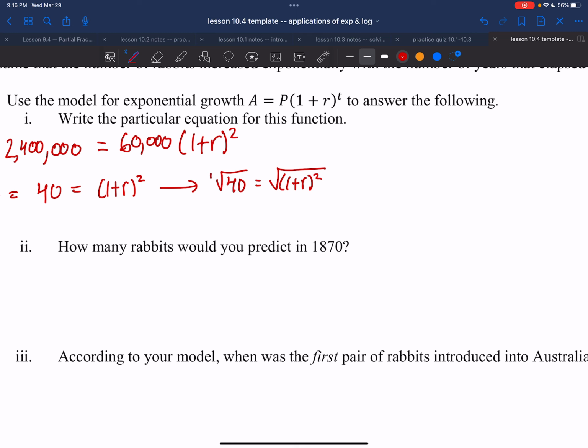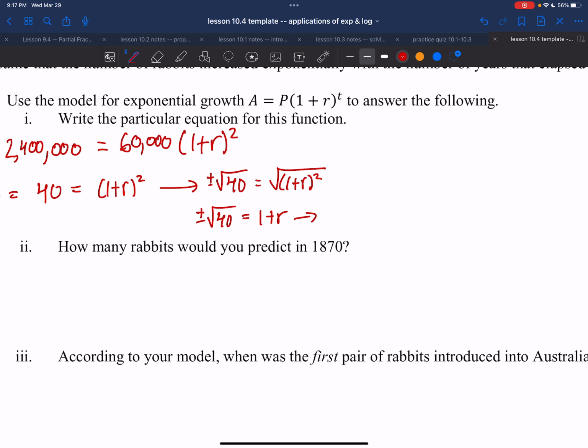So don't forget, you should do the plus or minus root 40. I'll tell you, though, it's not going to be negative root 40 because the rate is exponential growth, so it's positive. But I'll keep it for now. Plus or minus root 40 equals 1 plus r, right?